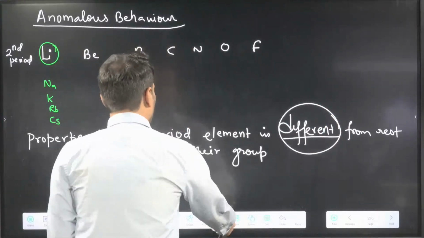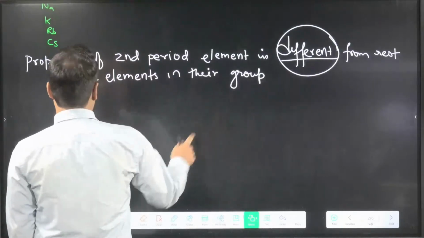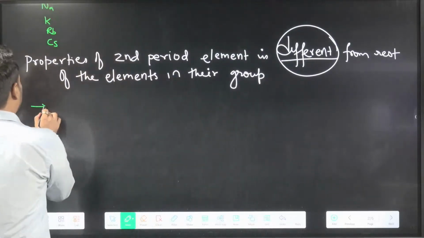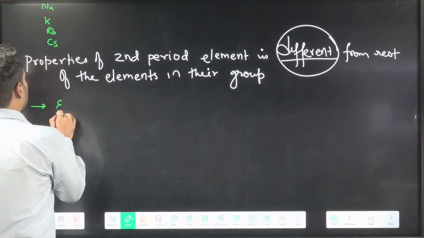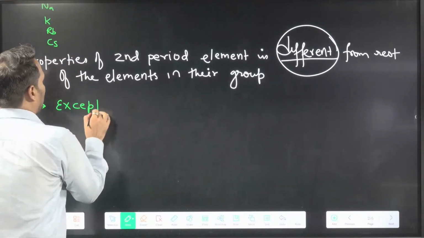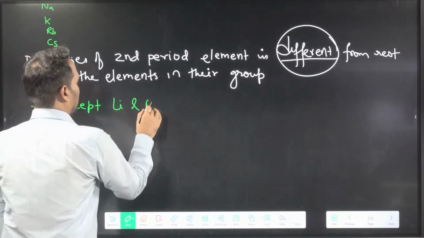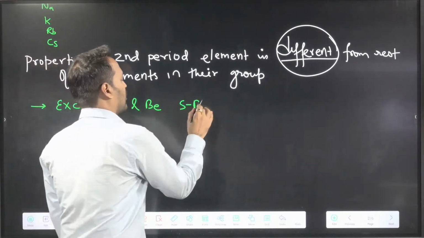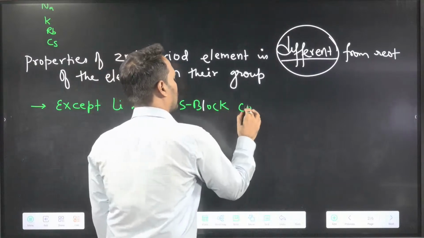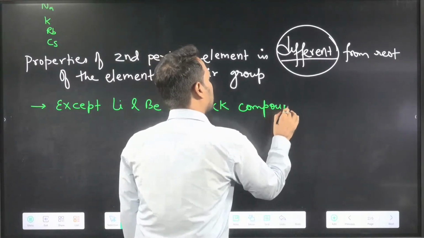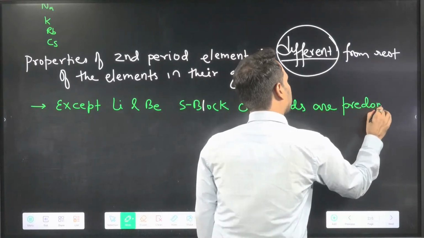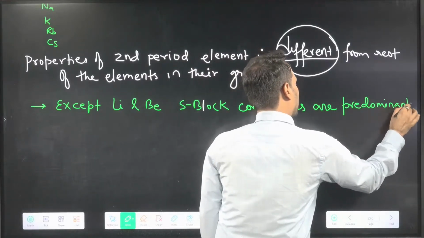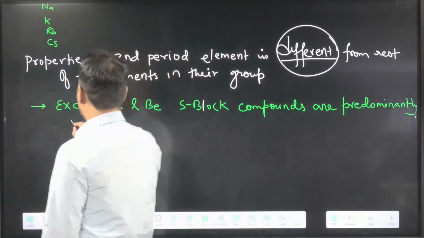Clear? अच्छा, a few examples you can take. We will not write many examples, but a few examples we understand. One point is very famous. You remember कि except lithium and beryllium, S block compounds are predominantly ionic.